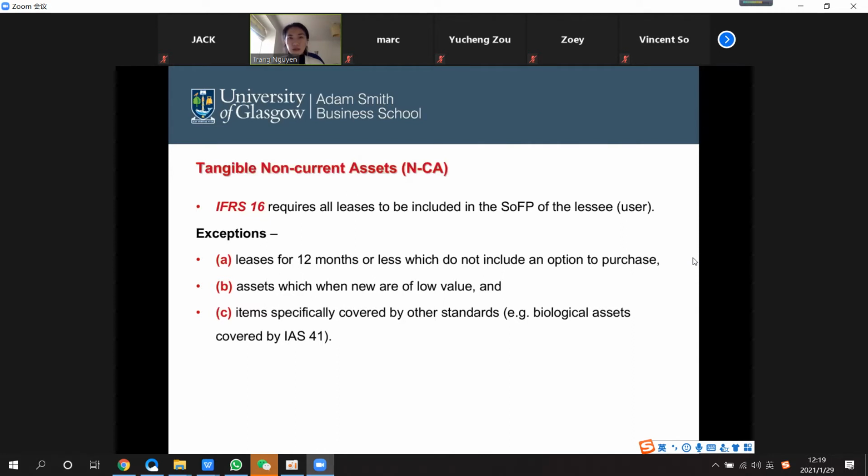So let me take a simple example about the case of less than 12 months. If we sign a contract to buy an iPhone worth, Apple, so we have a right to use that, right? And then every month we need to pay a certain amount.